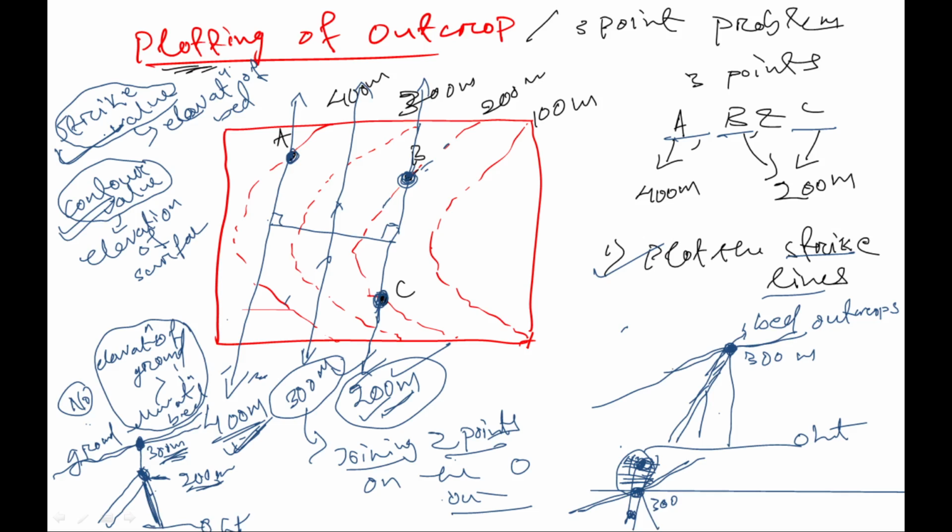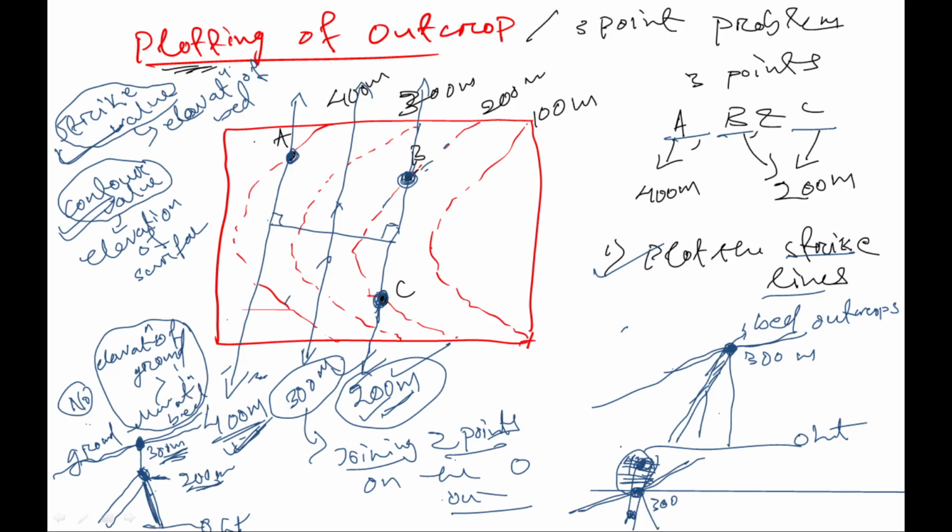Repeating again, at which point the contour value is equal to strike value, and at that point the strike is intersecting the contour, at that point you can find the outcrop.